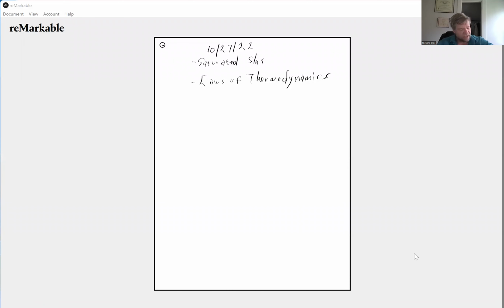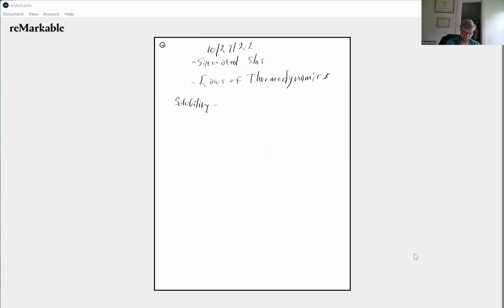When we talk about solutions, there are a couple of terms that are kind of relative. When we talk about the solubility of something, what we really mean is how much solute can dissolve in a given amount of solvent.